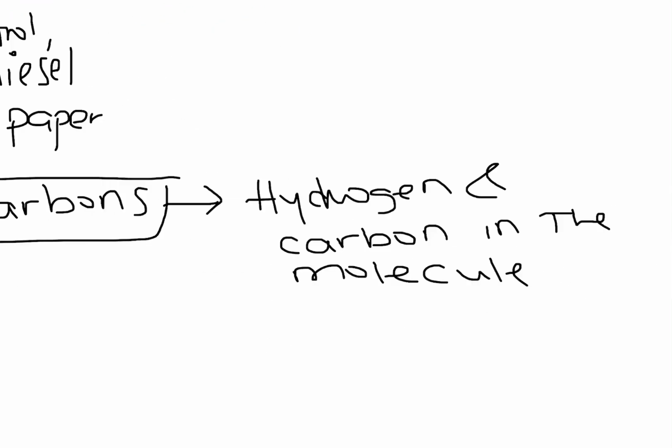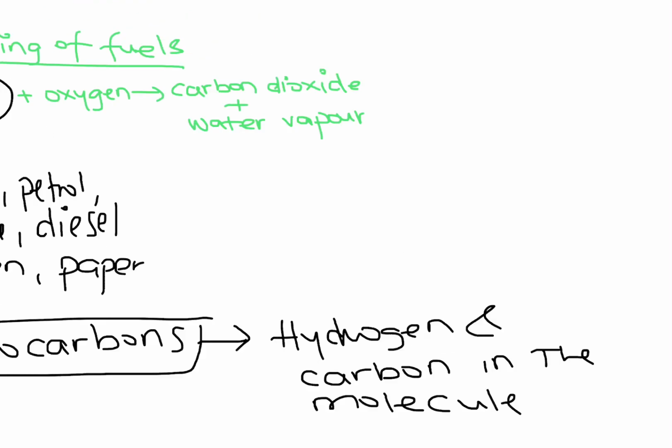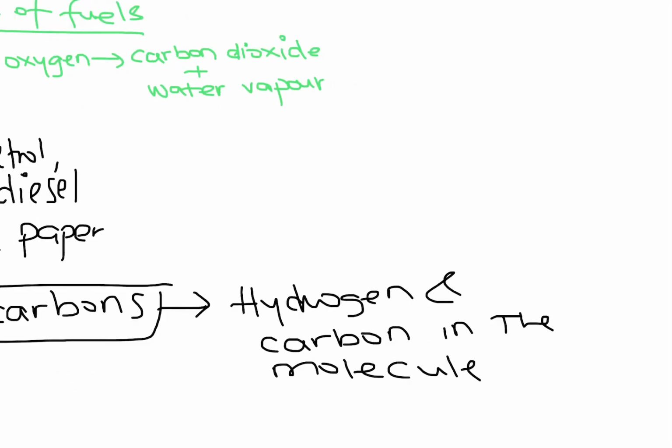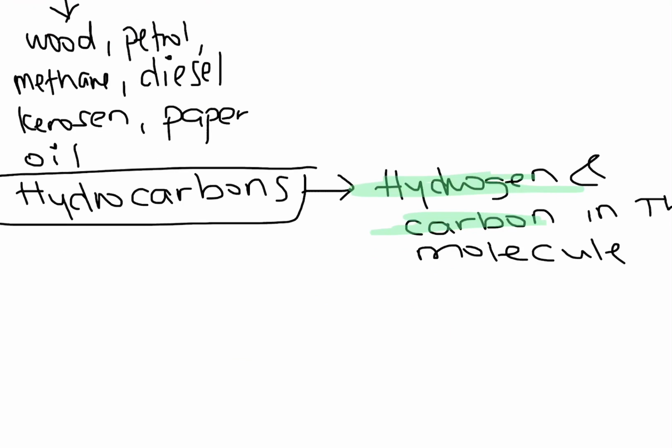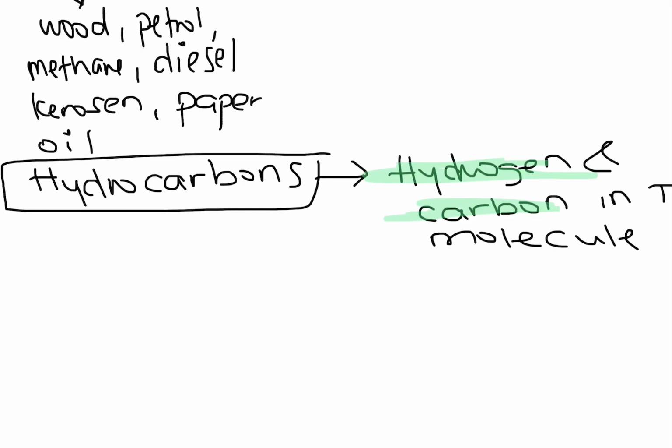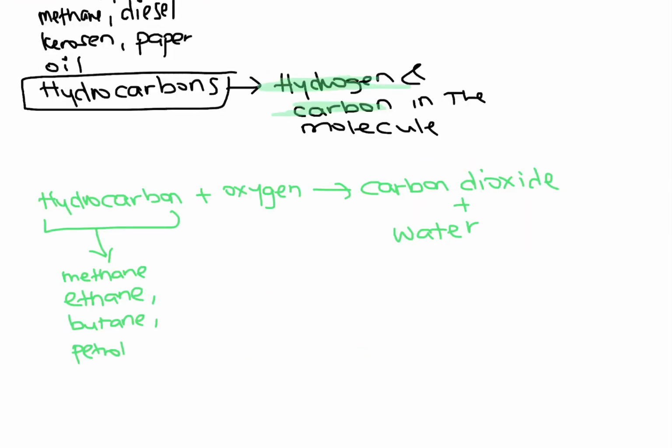And when they burn, they're going to produce carbon dioxide and water, because the carbon is going to give you carbon dioxide and the hydrogen is going to give you water vapor. So that's why when hydrocarbons burn, they're going to give you carbon dioxide and water. So that's the general word equation for hydrocarbons.